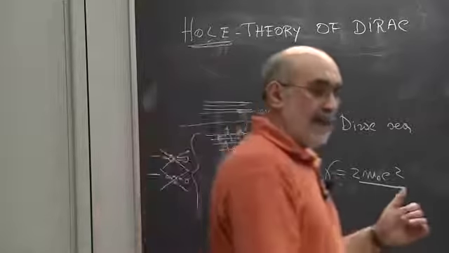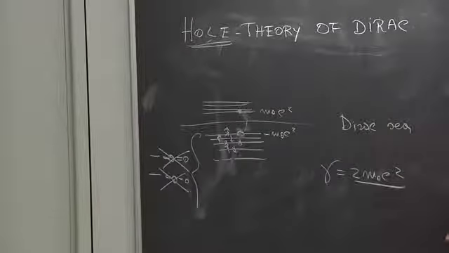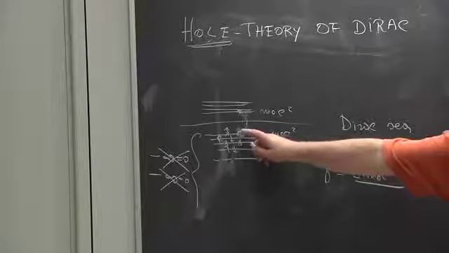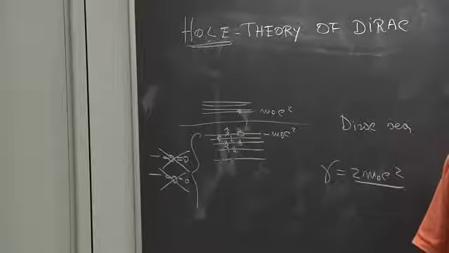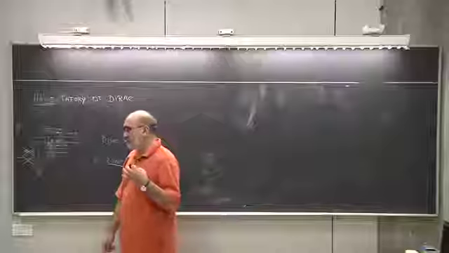So Dirac, in this manner, with the hole theory, managed to solve the problem of charge conservation, and also to find out that these objects behave like a positive particle.